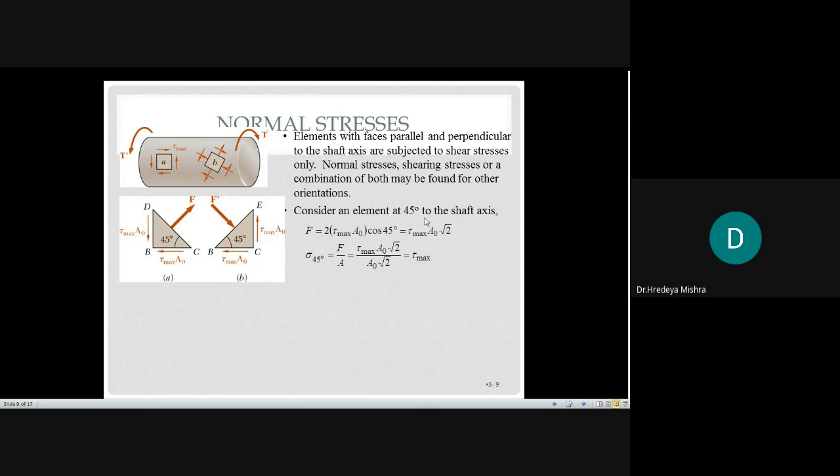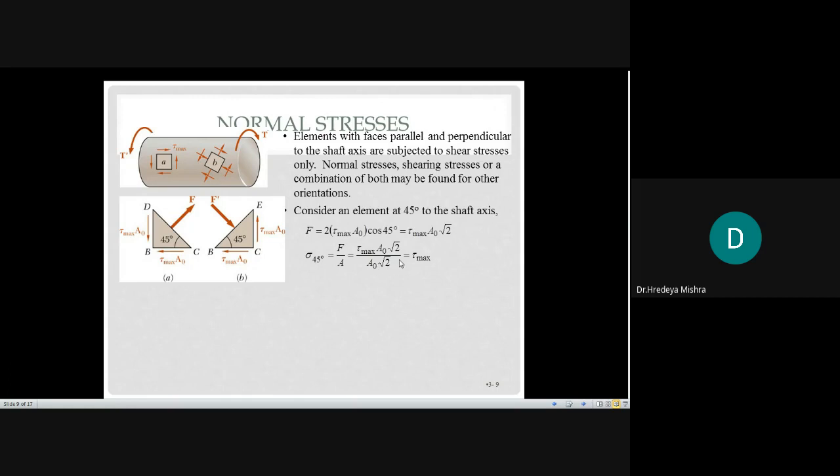Now sigma at 45 is F upon A, and we put in the value of F: tau max A naught root 2, over A naught root 2.